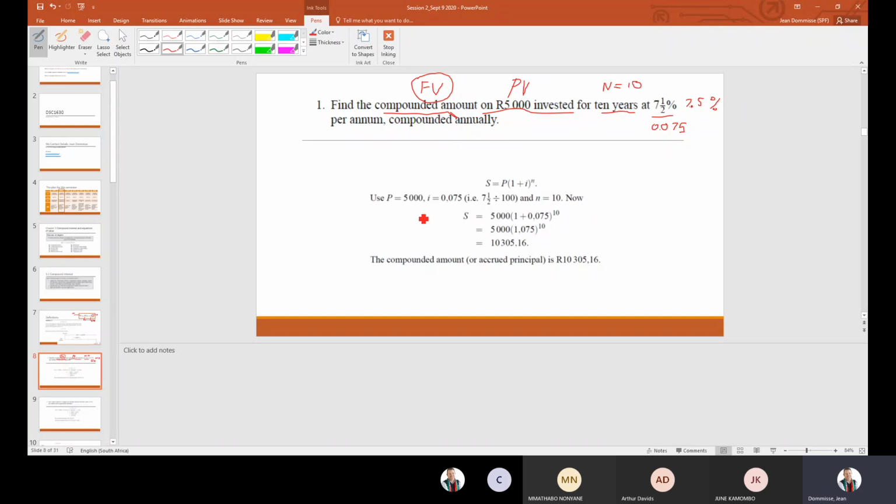I'm also just checking it on the calculator, and then I will also write down what I've done with a calculator. And also, I think what is important is that when we do this, let's start. We have the present value, so you can put that present value into your calculator.